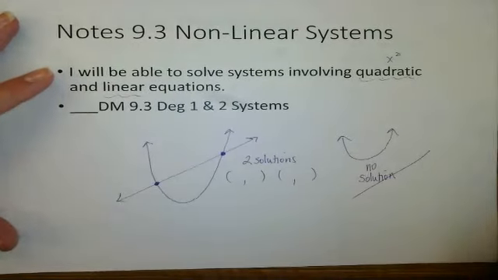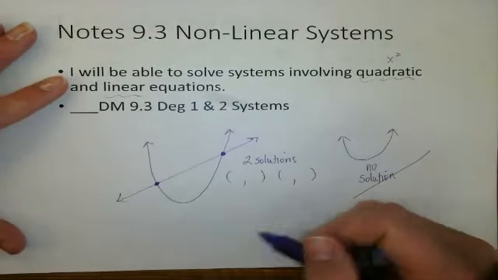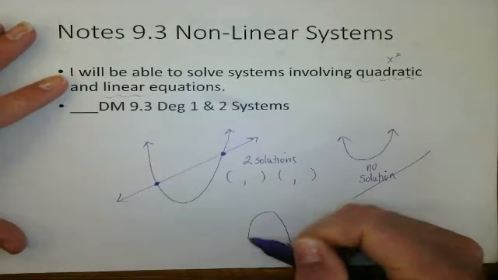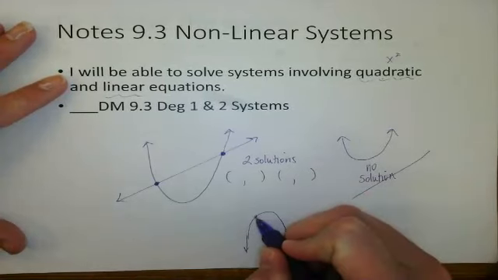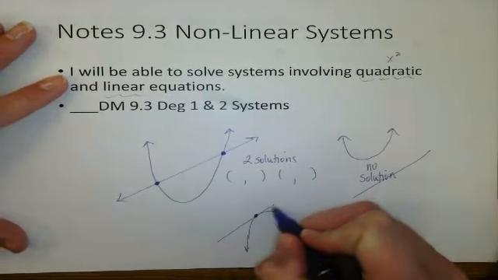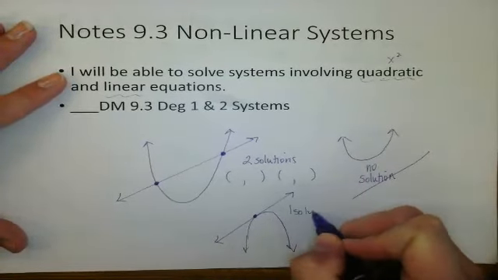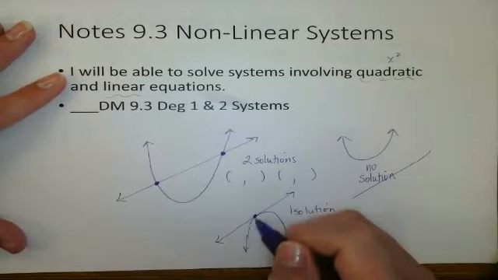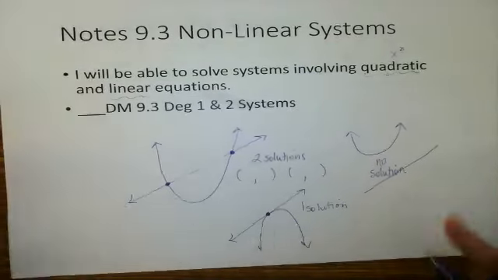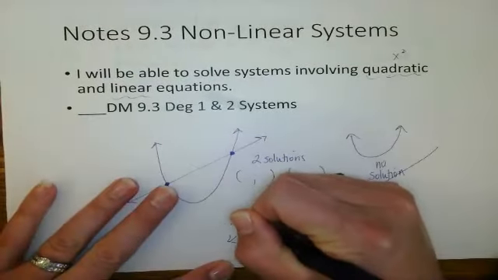Could you have one solution? Sure. You could have 1 point of tangency. This would be one solution. And that's called a tangent line. All right, that's what that's called.